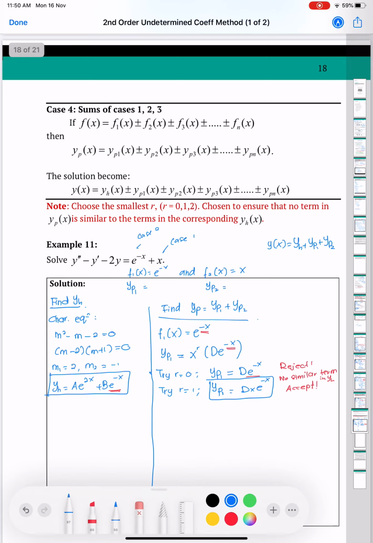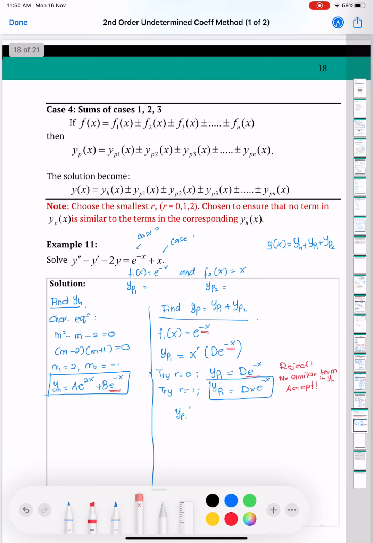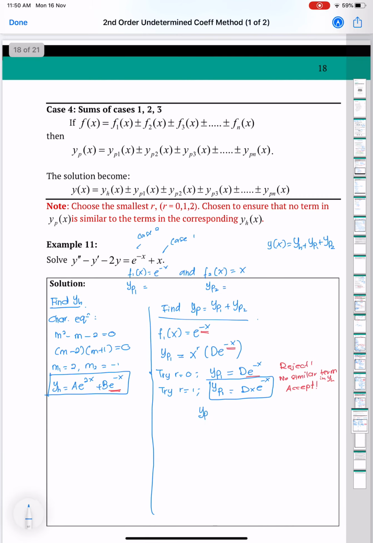Alright, so what we have to do, we must find yp1 prime, because we want to substitute in the differential equation. So yp1 prime, I will have negative dx exponent negative x plus d exponent negative x. I will just go straight away without showing you the product rule, because I believe you must be an expert in the product rule by now.